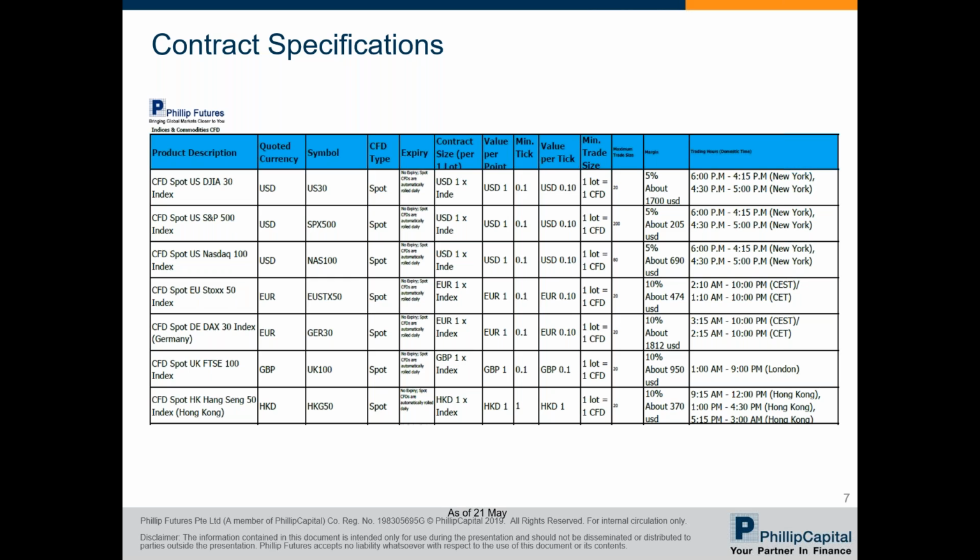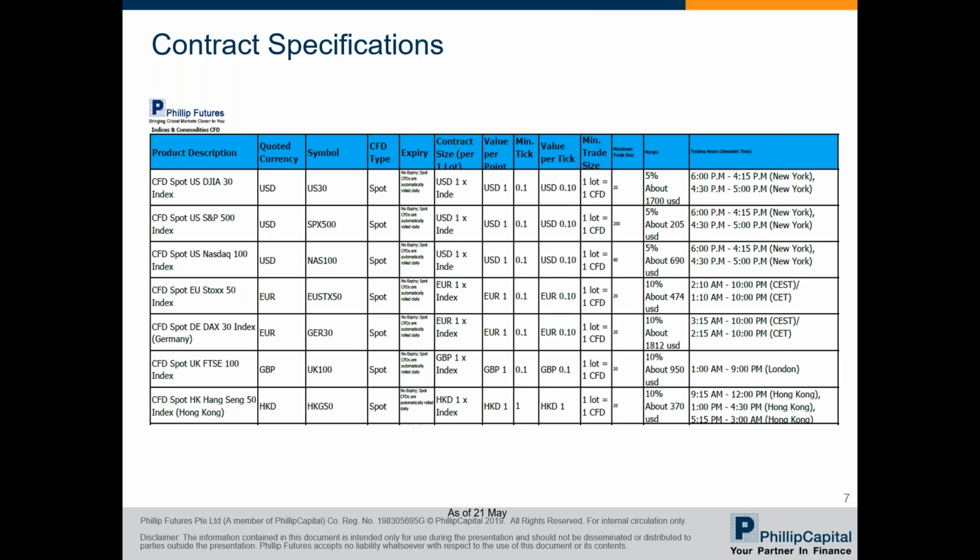The smallest tick movement is 0.1, so that means that 0.1 equals 10 cents in US terms. Margin required is about 5%, which is 1,700 US dollars. Because the margin is a percentage calculation, the margin required will fluctuate according to the value of the index. Trading hours are almost 24 hours, Mondays to Fridays.